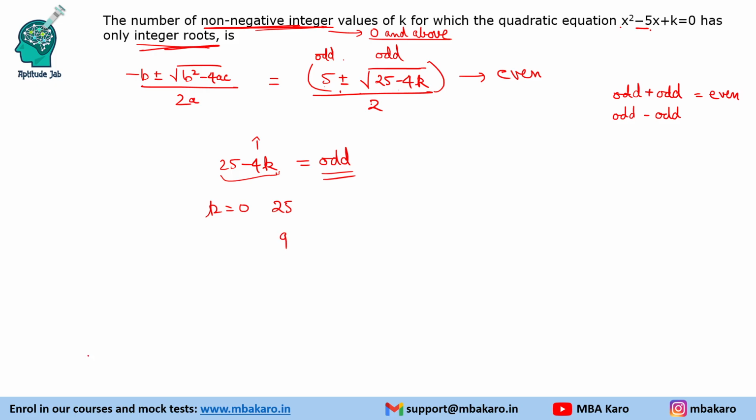So let us look at 9 and 1. To make it equal to 9, we need 4k is equal to 16 or k is equal to 4. And to make it 1, that means 4k is equal to 24 or k is equal to 6. We cannot go beyond this. So it has three solutions, 0, 4 and 6. So the number of solutions is 3.